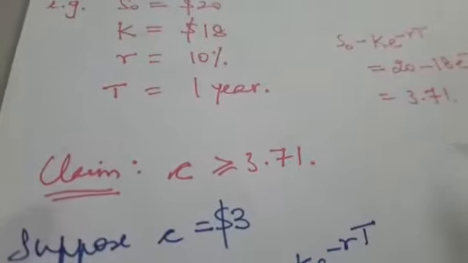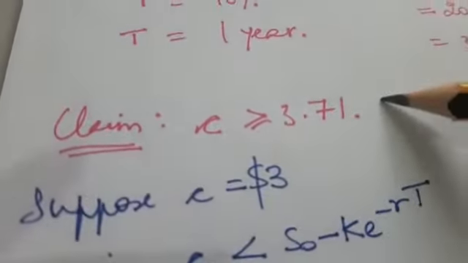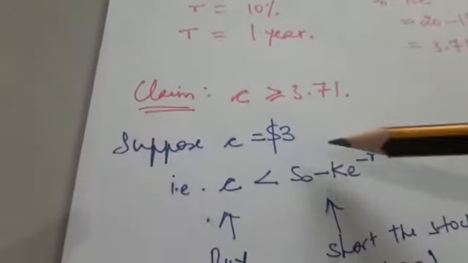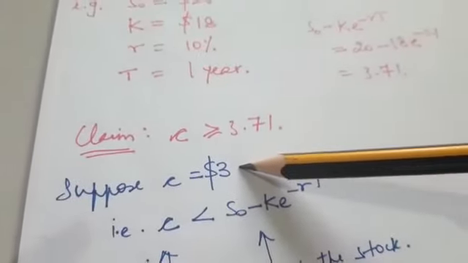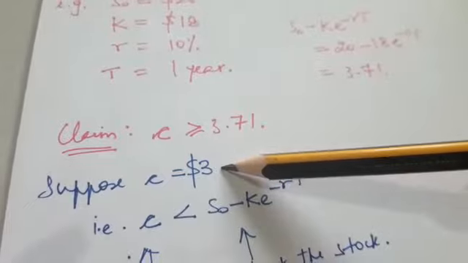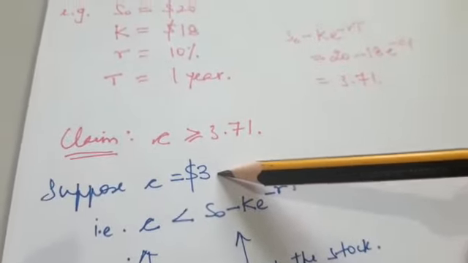So this means that according to our claim, the price of a European call option must be greater than or equal to 3.71. But let's suppose instead the option is trading at $3.